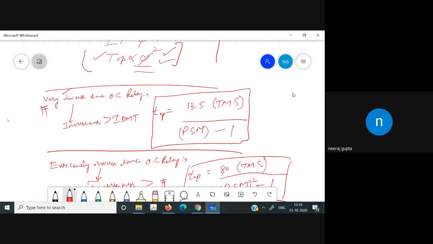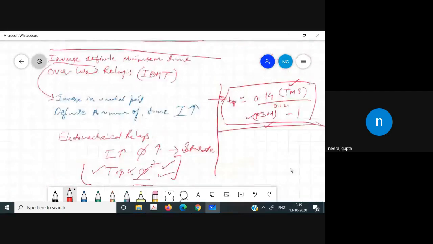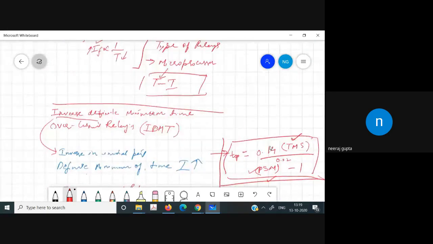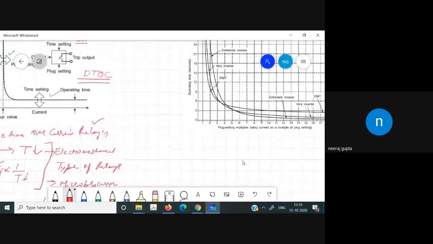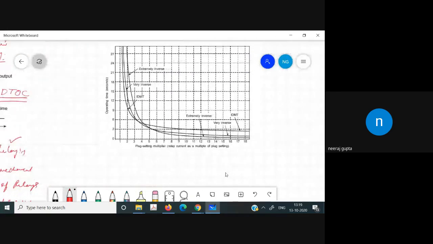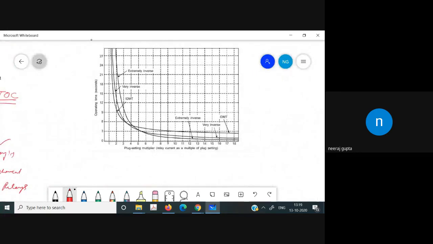Now, for the time current characteristics of these relays, we can have a graph of the time current characteristics of these three types of relays. In the y-axis we will have the operating time, and in the x-axis we have the plug setting multiplier.